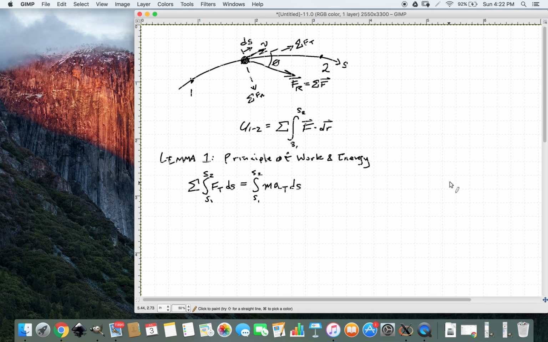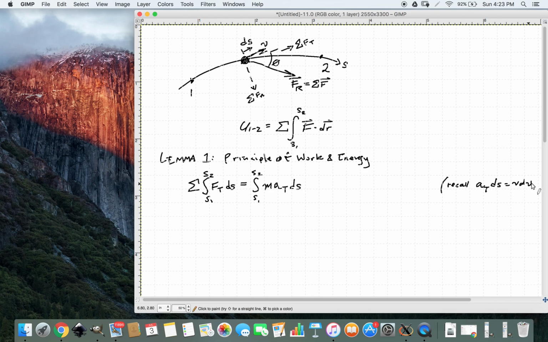If we recall from prior lectures, the relationship a ds is equal to v dv. In this case, we have a tangential acceleration, so in this special case, a sub t ds is equal to v dv. So I note that I have in my integrand an a ds.